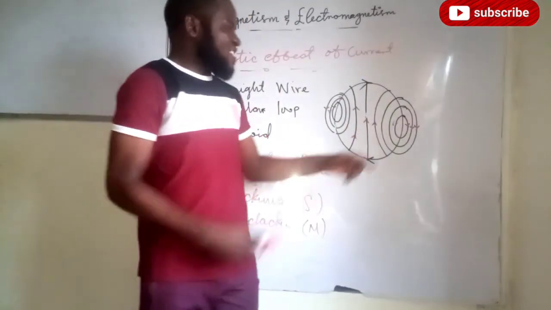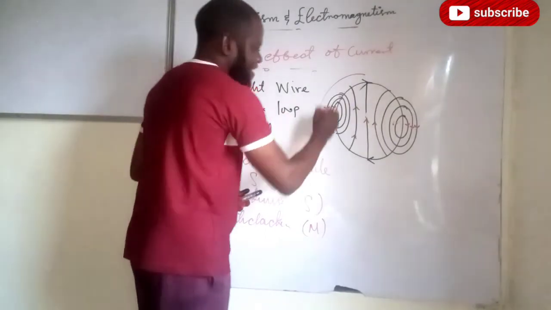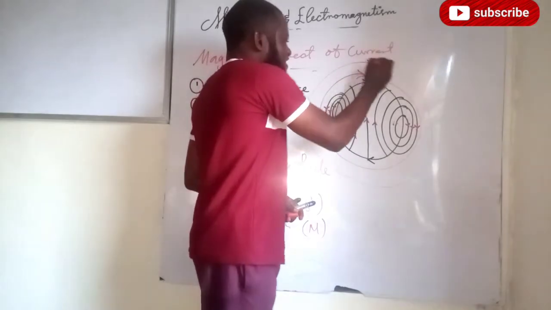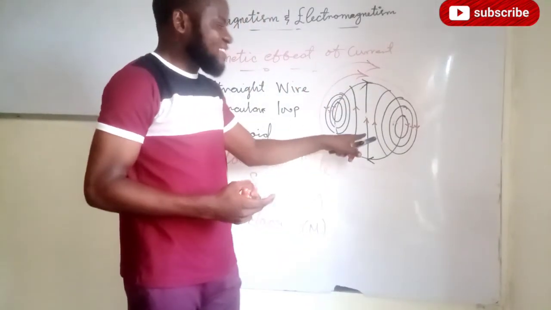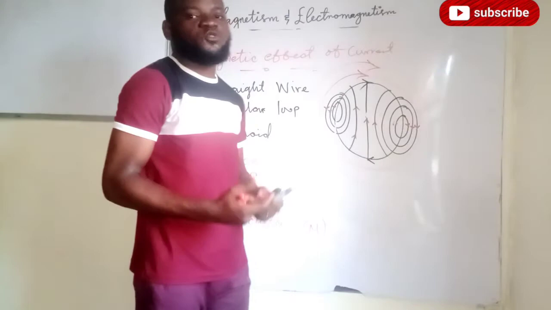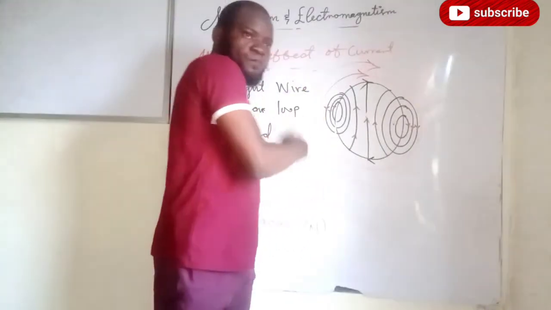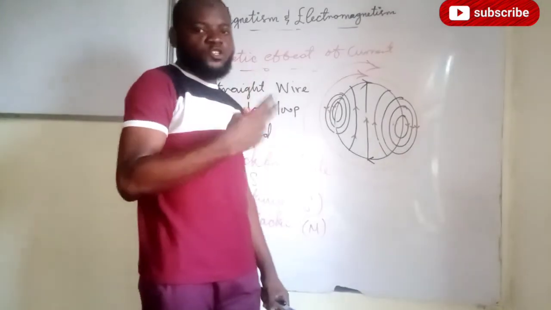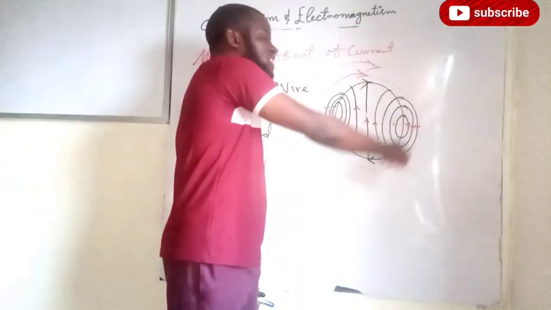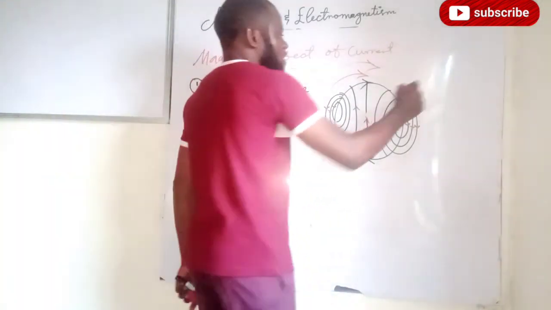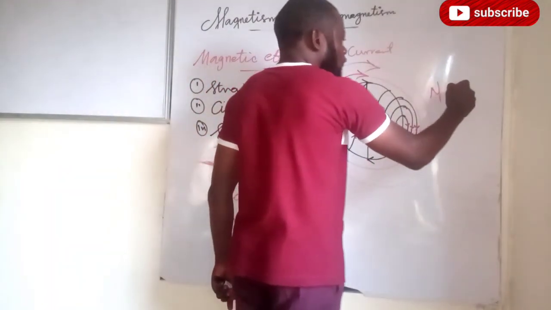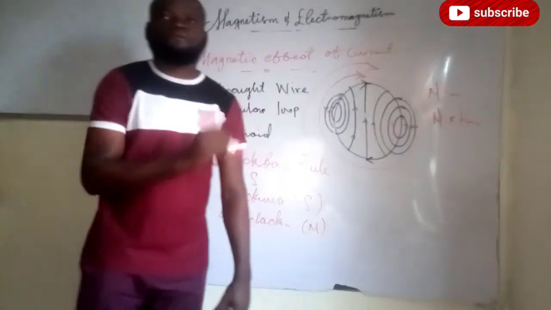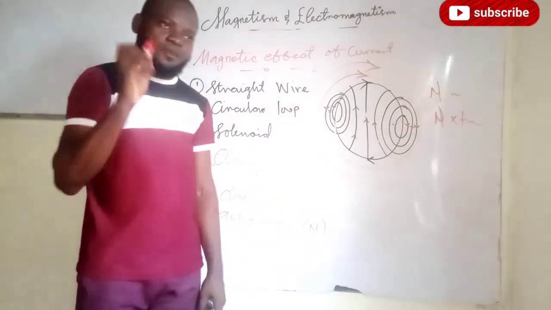Secondly, if you increase the number of loops carrying current, the rate at which you increase the number of loops is the same rate at which the magnetic field strength will increase. If I double the loop, that is, instead of one loop I have two, the magnetic field strength is also going to be multiplied by 2. If I have 3, it will be multiplied by 3. Therefore, if I have n number of loops, the magnetic field strength will be n times stronger. Am I making sense? Cool.